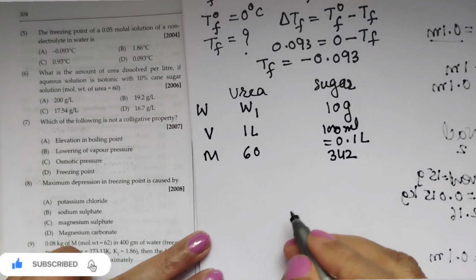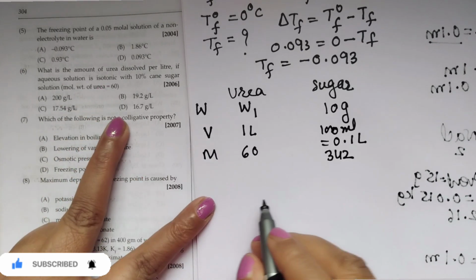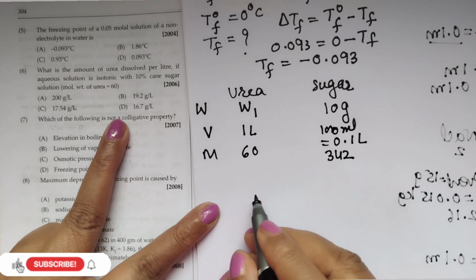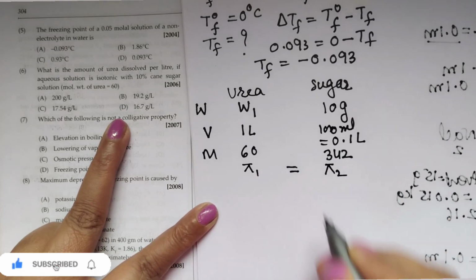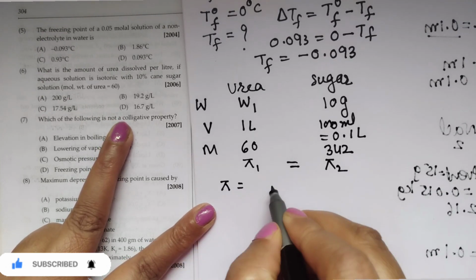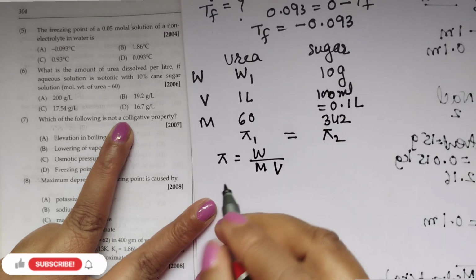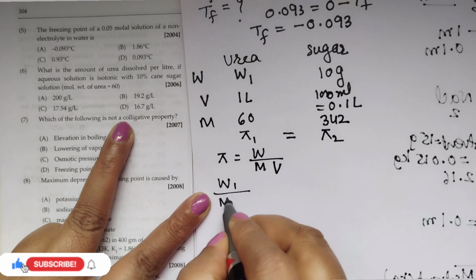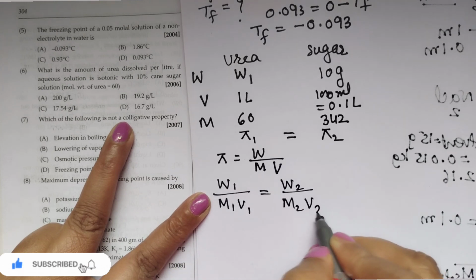Now, the word they have used here is that the solutions are isotonic to each other. Isotonic means, students, both the solutions exert the same osmotic pressure. So pi 1 will be equal to pi 2, and therefore by using the formula pi is equal to W by mV, as the osmotic pressure is the same, I can use the formula W1 by M1 V1 is equal to W2 by M2 V2.